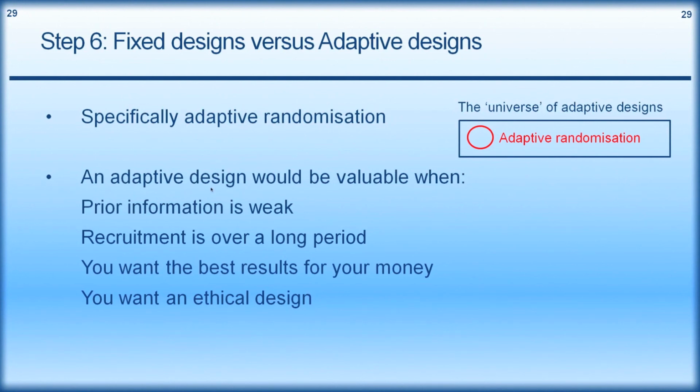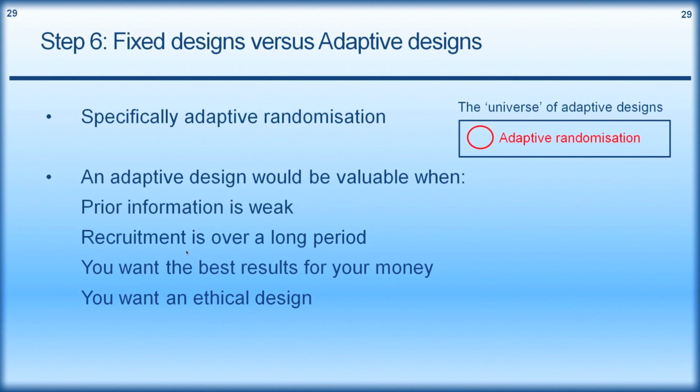In comparison of adaptive designs to fixed designs, generally an adaptive design would be valuable when the prior information is weak. So when we talked about globally optimal designs, if we have a very wide uncertainty on our parameters, that means we aren't very sure where they are, and therefore the design may perform very poorly. If we have good information about the size of our ED50 or our Emax, then we can make sure that the global optimal design is going to do well.